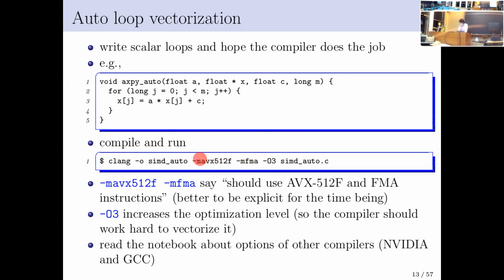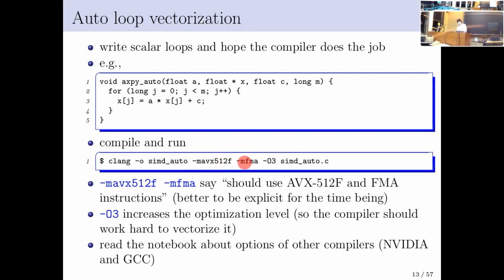Whether you actually need these options depends on time. As time evolves and, for example, AVX-512F instructions become very common, chances are you won't have to say anything like this at all.